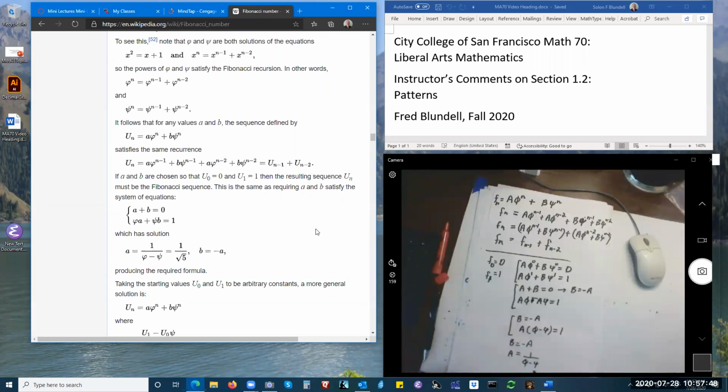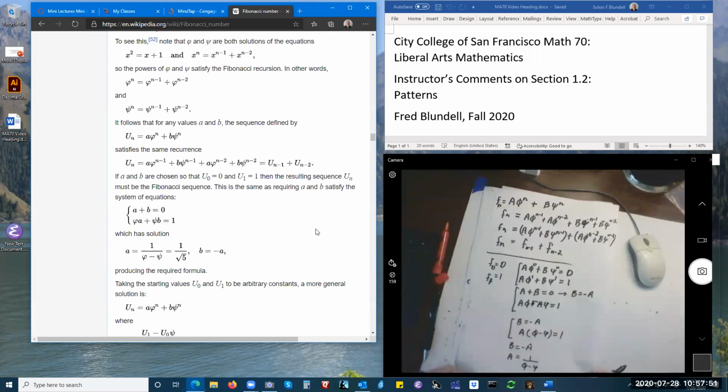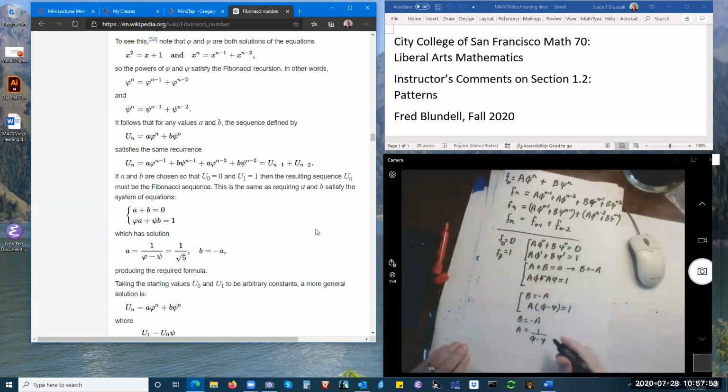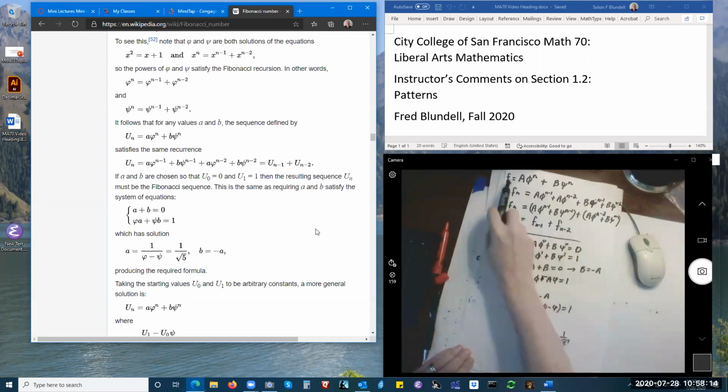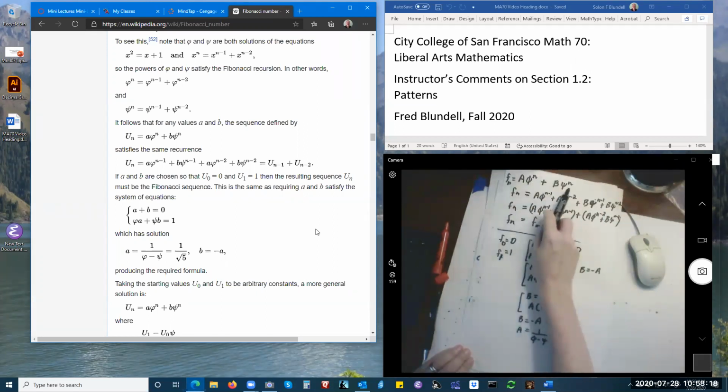Now, we've already worked out phi and psi on the previous page. When you simplify this thing, putting in those numbers, you get 1 over the square root of 5. Okay. So if you want to generate numbers that satisfy the recurrence relation, do anything in this form.